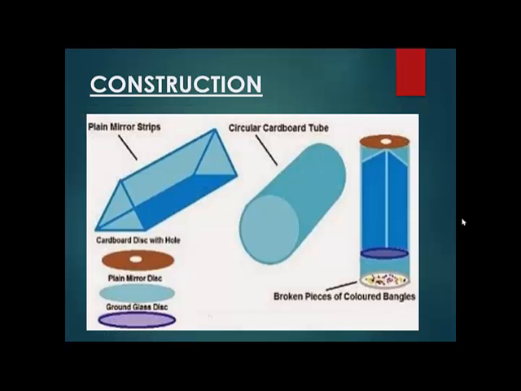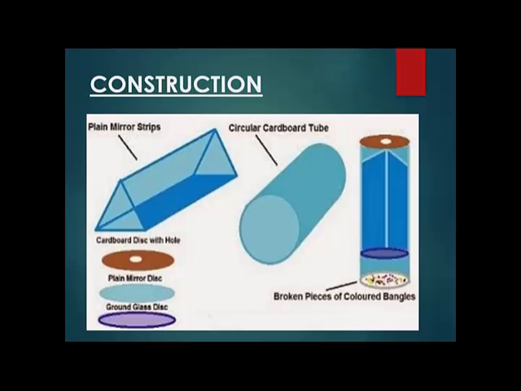For the construction of a kaleidoscope, you have to take 3 straight mirrors. Now see, these are the mirrors. One mirror is this, another mirror is this one behind, and the third one is this one. You have to place these 3 mirrors in the form of a triangle so that they make a prism sort of thing.